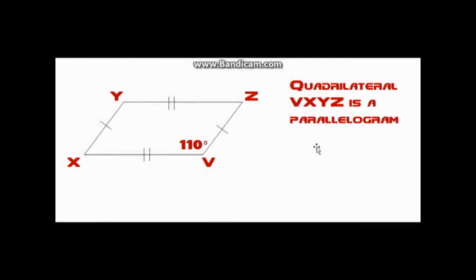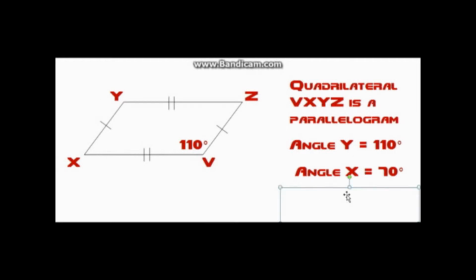And if angle V is 110 degrees, the angle Y is going to be 110 degrees, because all opposite angles in a parallelogram are congruent. And then angle X is going to be 70 degrees because consecutive angles in a parallelogram are supplementary, and then the same thing as angle Y. Angle Z is going to be 70 degrees as well as X.